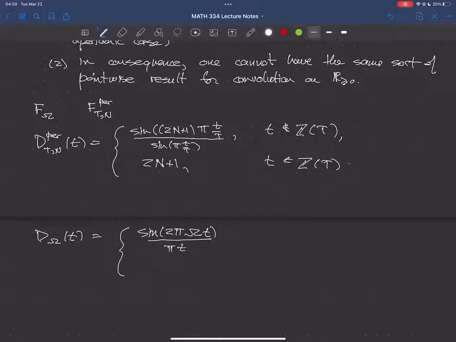And at 0, it has the value 2 omega for continuity. So this is for t not equal to 0, and this is for t equal to 0.